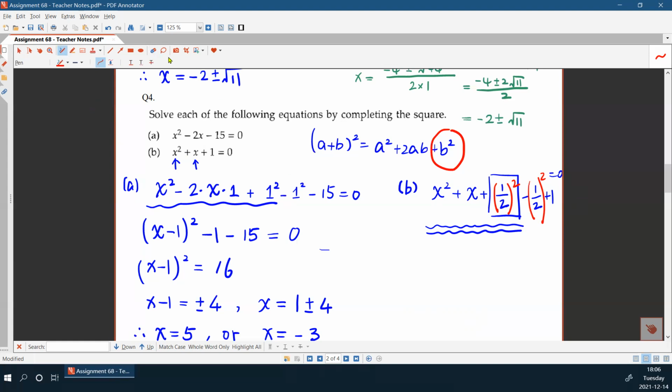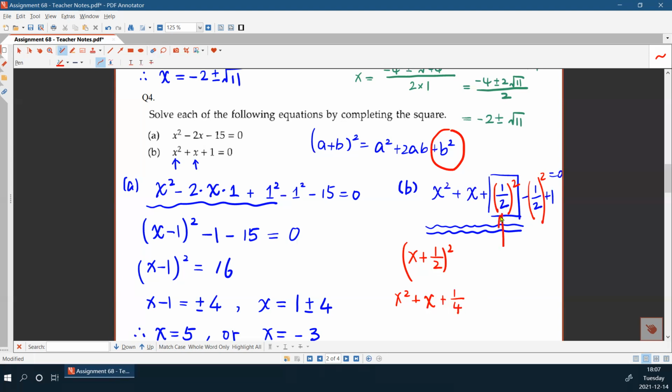Okay, so following this logic, now we can use completing the square. For the first part, we have (x plus 1/2) squared, right? And if you verify it again, you will get x squared plus 2ab. 2ab is x, and plus b squared, which is 1/4, right?